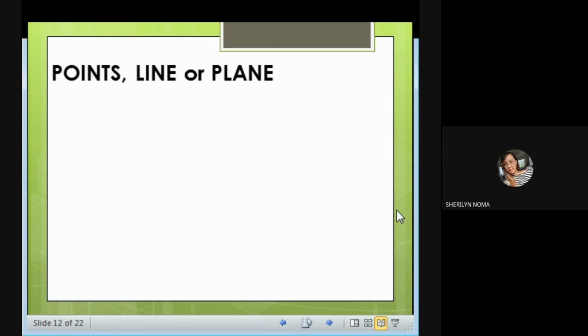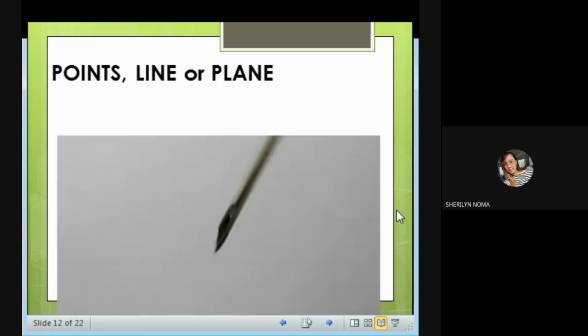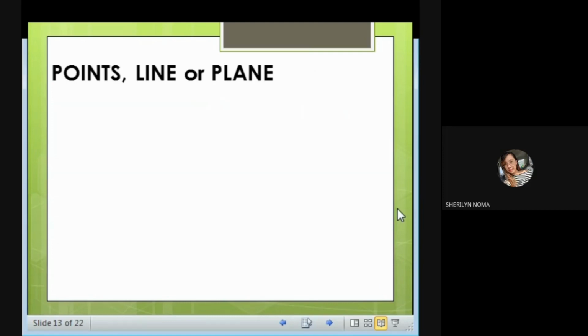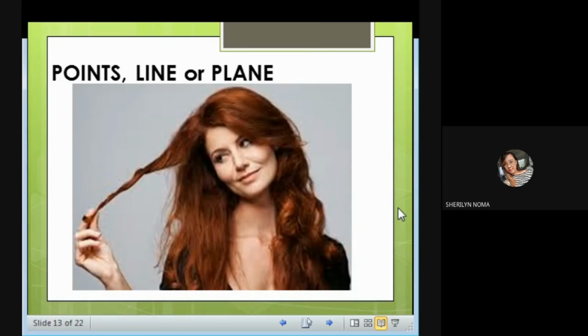Now, let us identify the following, if this is a point, line, or plane. First, tip of a needle. Is it a point, line, or plane? Right, that is a point. Second, hair strand. Is it point, line, or plane?